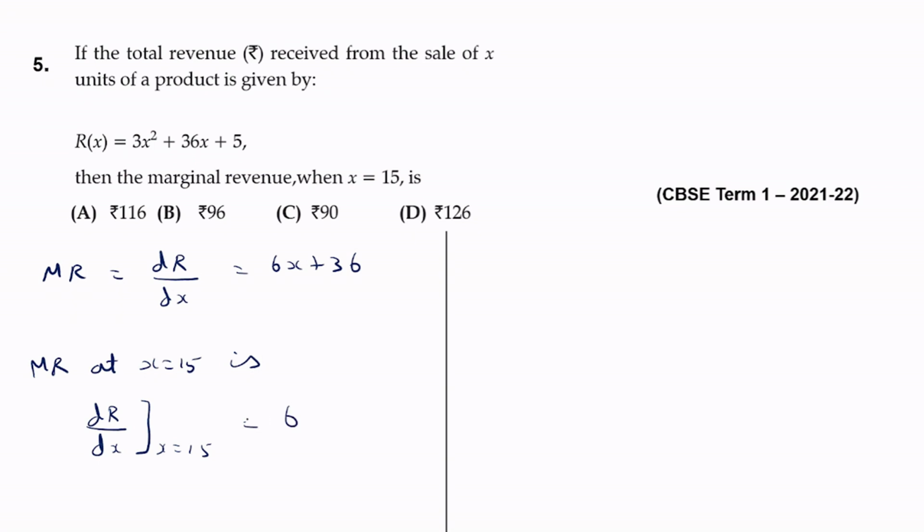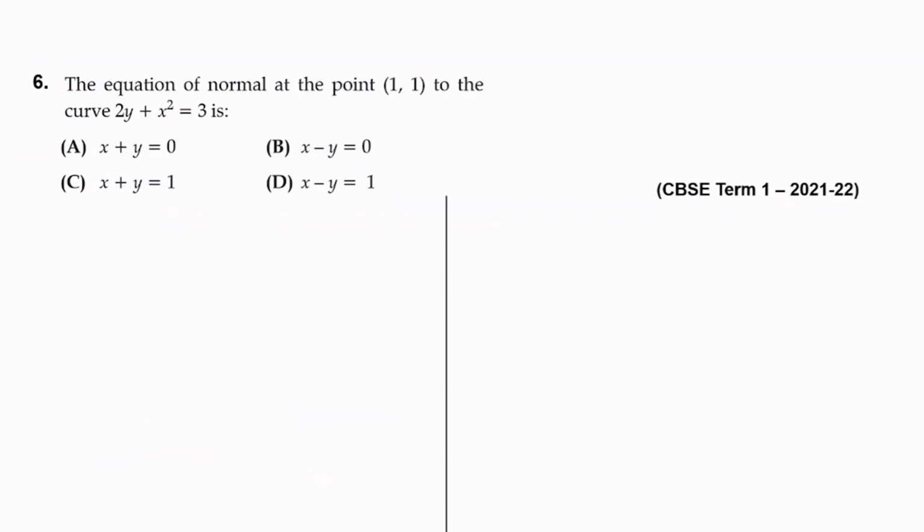So it is 6 into 15 plus 36, which is 90 plus 36, which is 126. So the correct option is option D, rupees 126. So rupees 126 is the marginal revenue when x is equal to 15 for this revenue function.